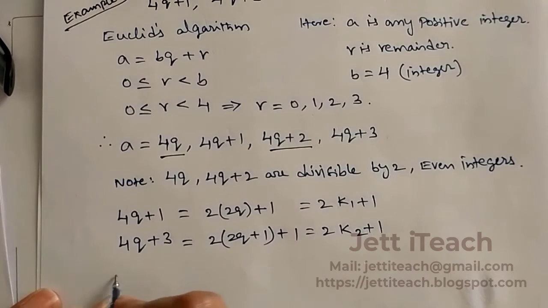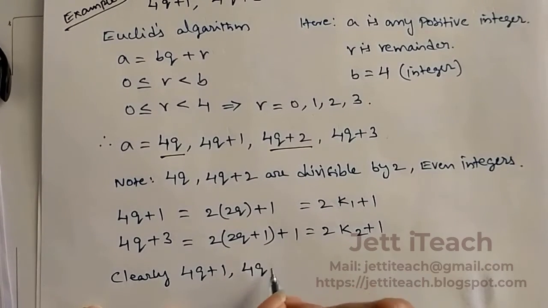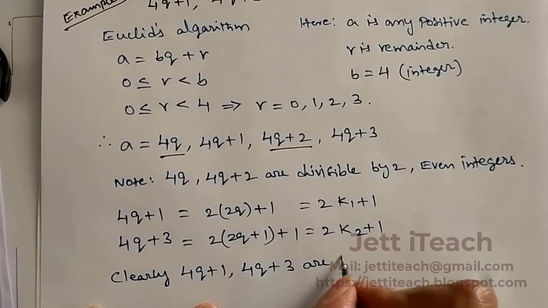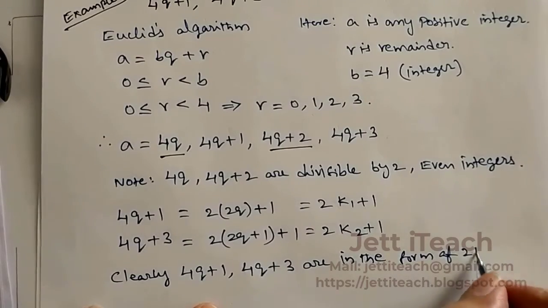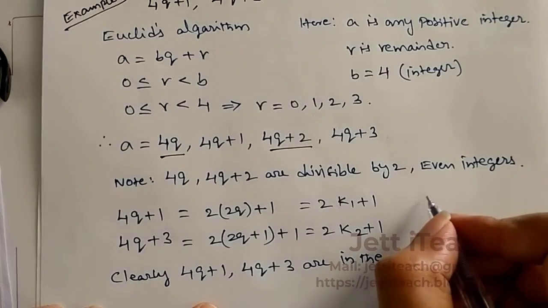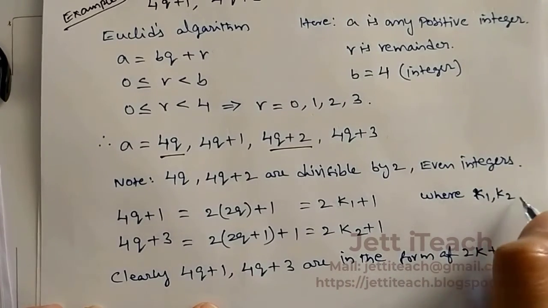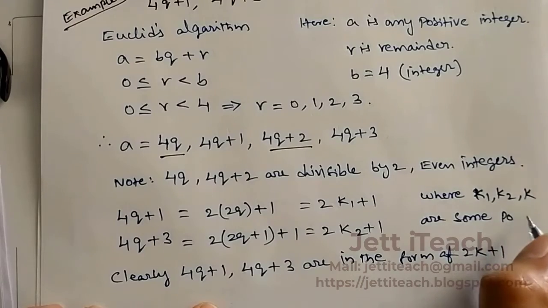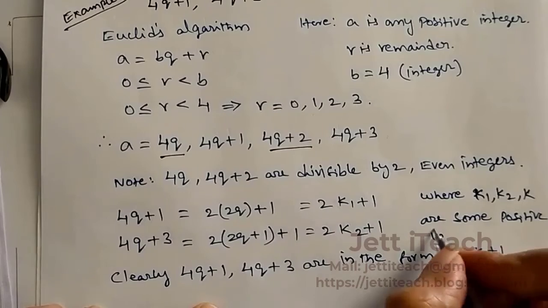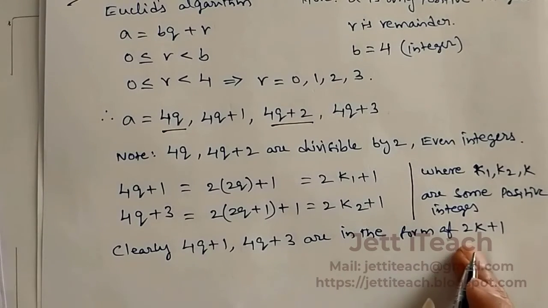Clearly 4q plus 1 and 4q plus 3 are in the form of 2k plus 1, where k1, k2, k are some positive integers.